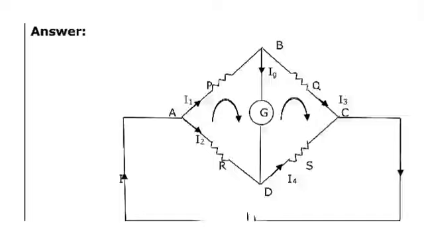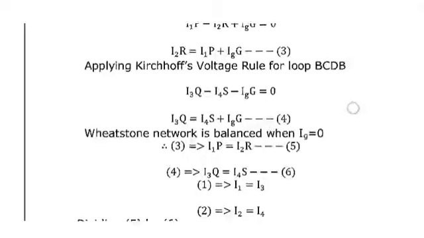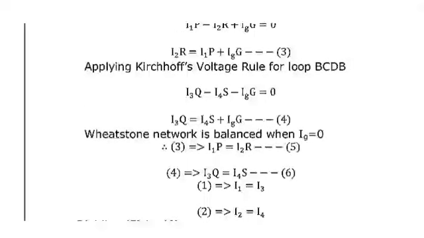Then C to D, again it is current leaving, so minus I4 into S. From D to B, again it is current leaving, so minus IG into G. By rearranging that equation, I got equation 4.